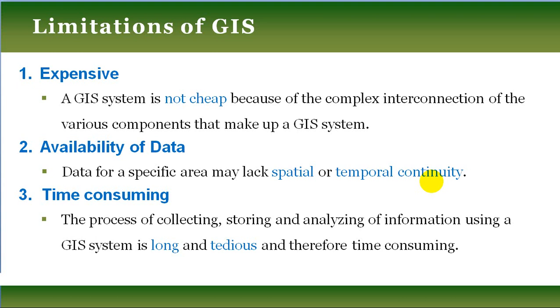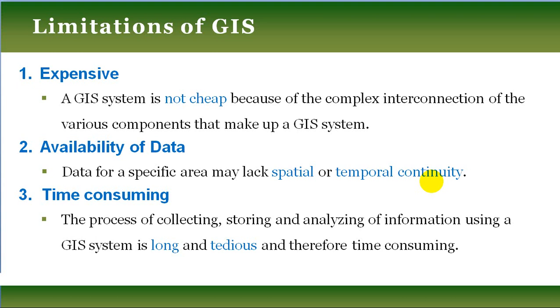But still we are not getting any benefit from this GIS system, because the process is going on: data collection, data processing, data creation. You do not get the benefit, but you have to devote time, you have to expend so much money. Cost is there. So that is the cost profit graph.